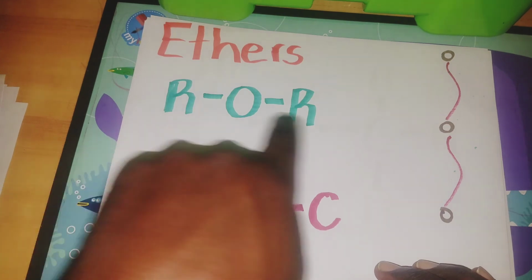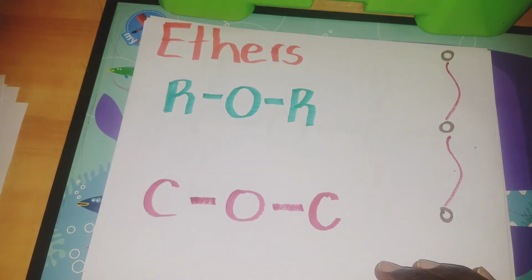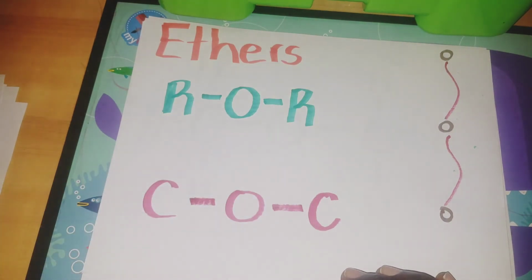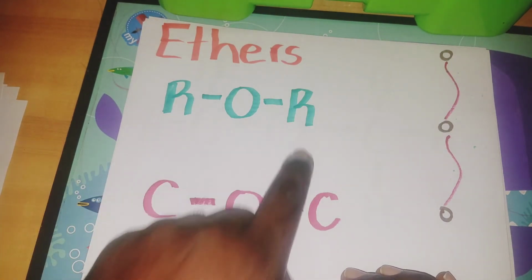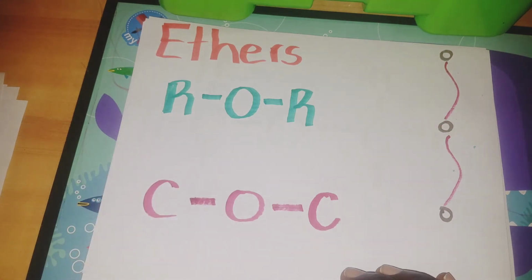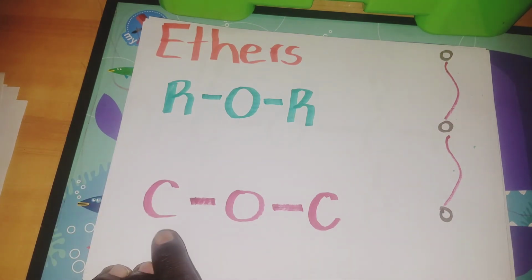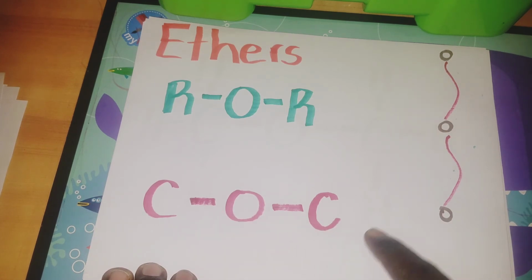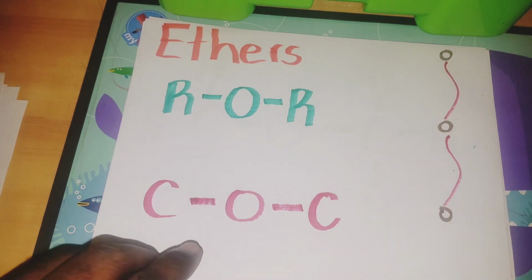The general formula, again, because of the complexity of those things, we're using ROR. So you have two alkyl groups flanking an oxygen. And for simplicity purposes, here you have it. Carbon, oxygen, carbon. Right? So this is the functional group of your ether.